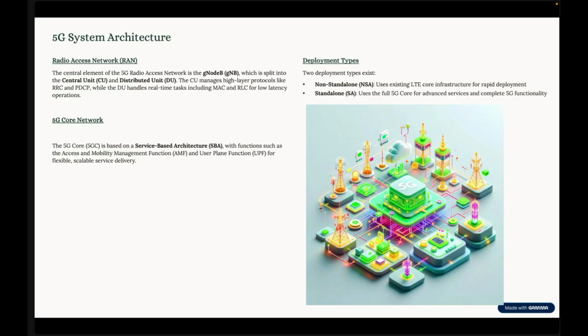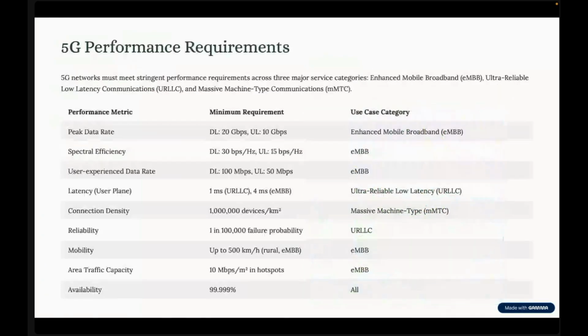Standalone will not use any kind of legacy technology, while in non-standalone, the core part will be LTE. Your messages will go through the LTE core infrastructure. So this is the basic difference between NSA and SA deployment.